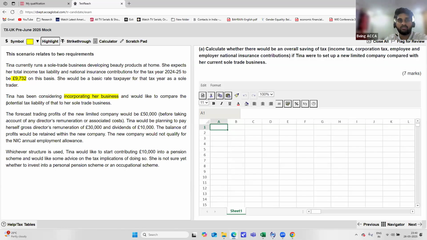Let's see what further information has been provided. The forecast trading profits of the new limited company would be £50,000 before taking account of any director's remuneration or associated profits. So the profits of the company would be 50,000, but that is before taking account of the director's remuneration.